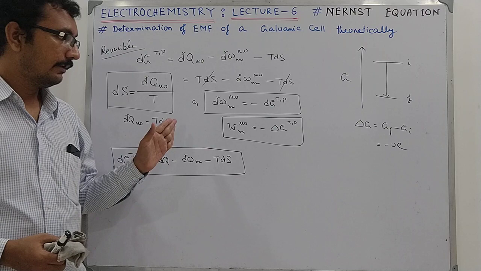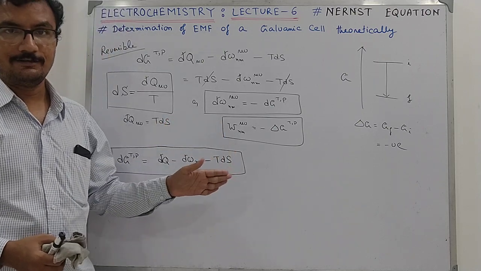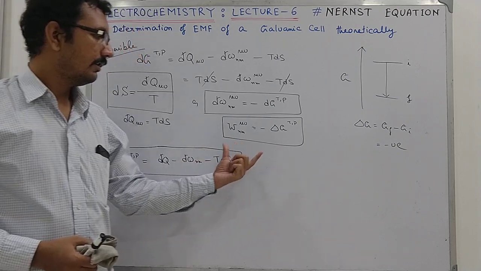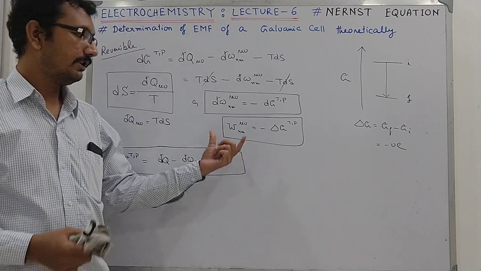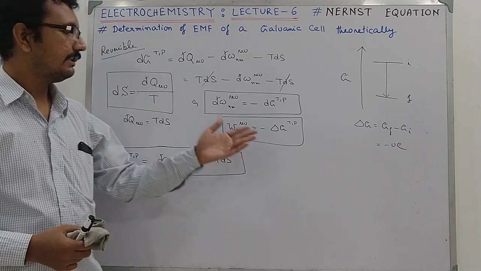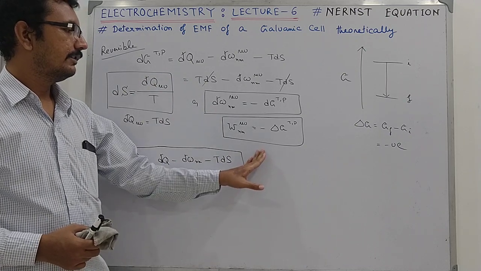Now you cannot say that it is a belief. It is not in the state of belief. It is a quantitative relation, and using the thermodynamic principles I have derived it.